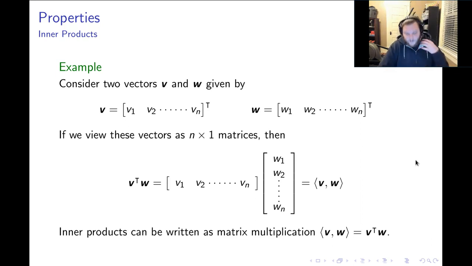The major takeaway here is that inner products can be written as matrix multiplication. The inner product of v with w is, from the matrix multiplication point of view, the same thing as v transposed multiplied by w. Again, we're viewing the vectors themselves as n by 1 matrices. Now, this may seem silly, but it has consequences.